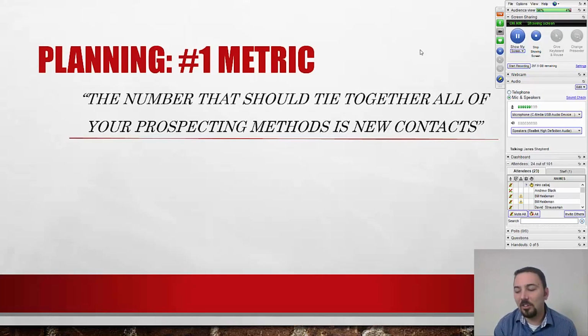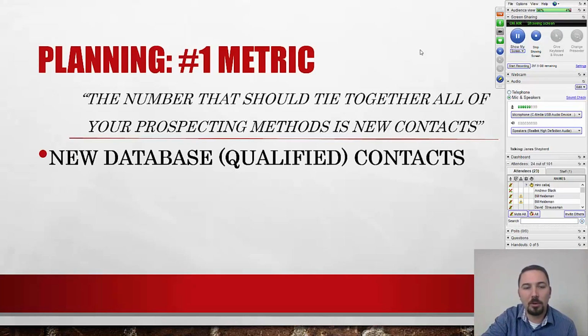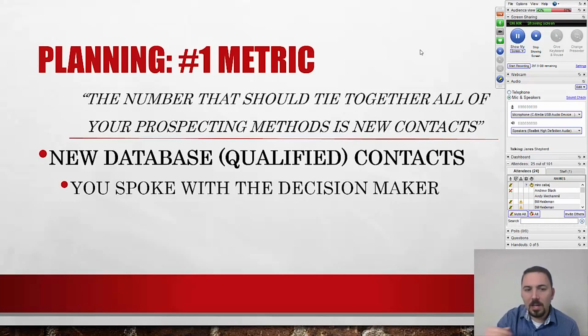Well, the key to doing that is to understand the number one most important metric, which is a new database or a new qualified contact. Okay? So a new qualified contact has three criteria, three qualifications that make them qualified.